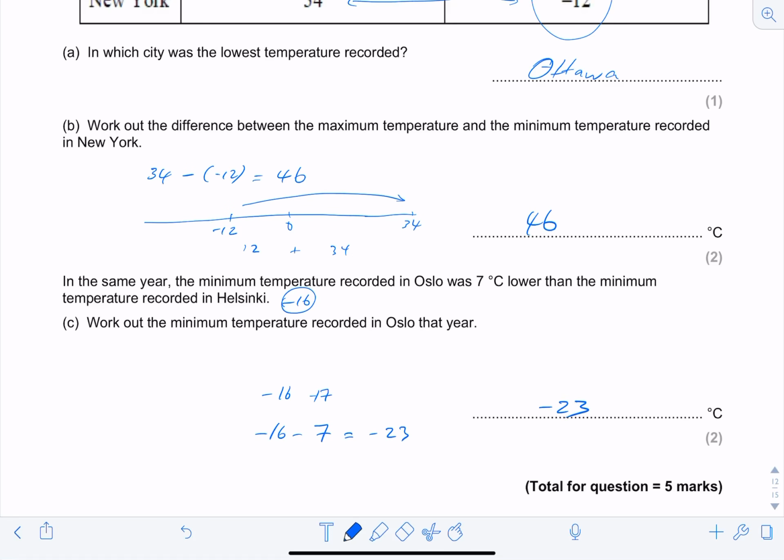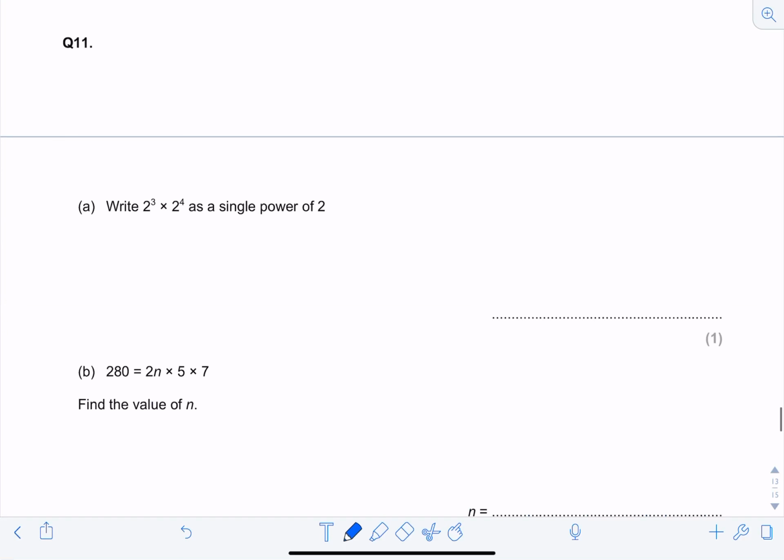Negative 23. Question 11. Write 2 to the 3 times 2 to the 4 as a single power of 2. Well, do you remember what we do? We just add them, which is 2 to the 7.